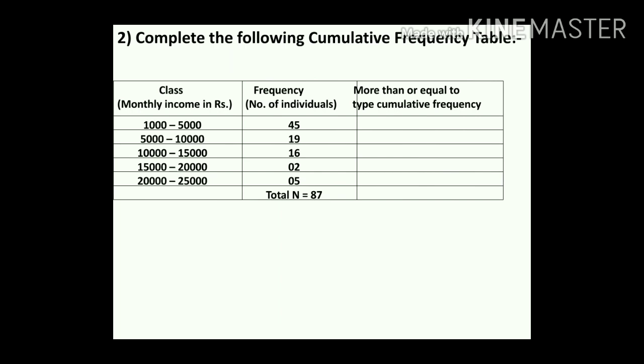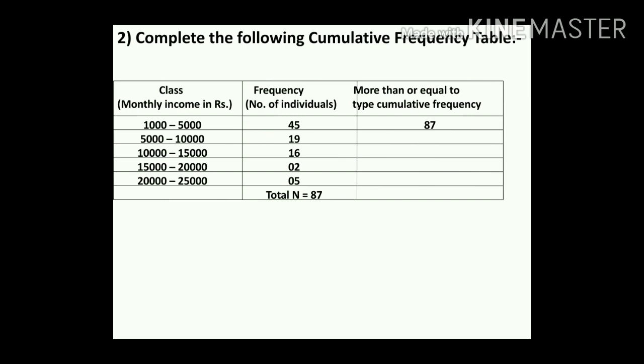Children, listen. In more than type, what we will do, children? The total of frequency 87 we bring to the top, children. Means first line we write 87.